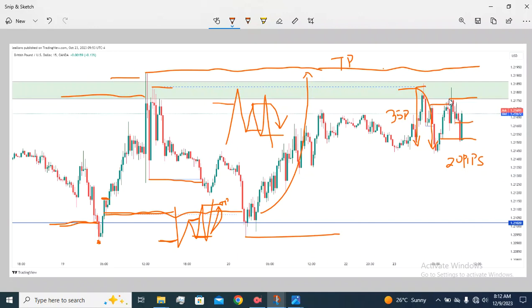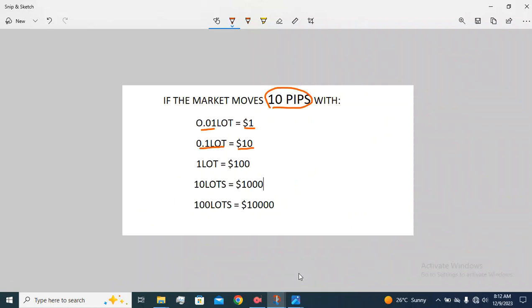If your trade was triggered right here and you left the market here around 10 pips and you used lot 10, this is what you could have earned. Lot 10, same 10 pips, that's $1,000.